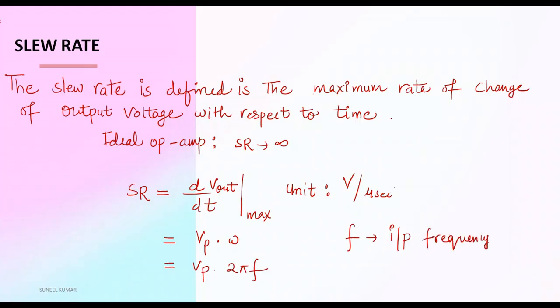And what is Vp? Vp is the peak value of output voltage. So this is all about slew rate, and next we will discuss CMRR.